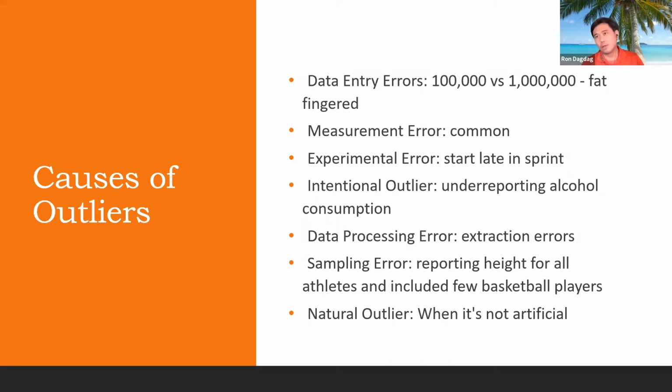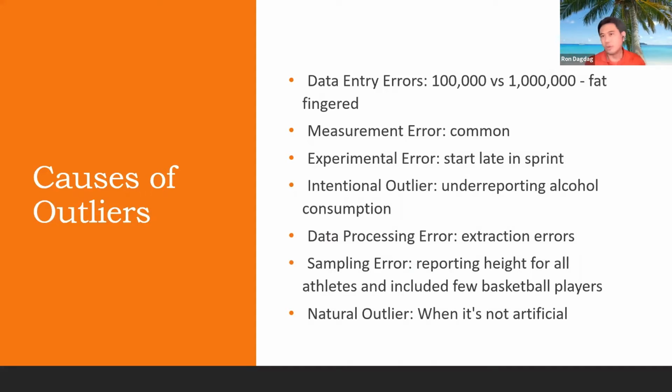Measurement error could be, which is very common when we have sensor data that we're collecting. That can happen. Experimental error is when you're starting late in the sprint. So you're supposed to collect 1 year's worth of data, and most of your data is in December.